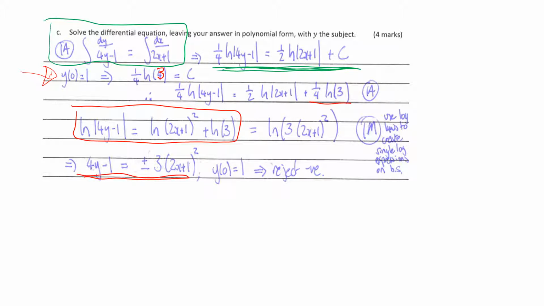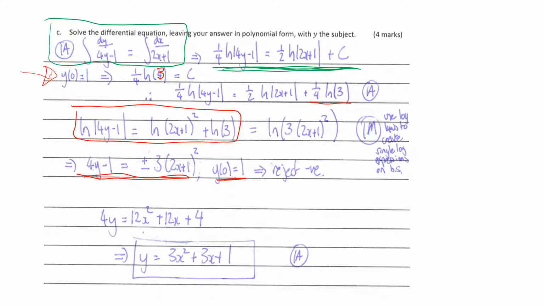So 4y minus 1 is plus or minus that expression on the right. Because I'm just being quite thorough, and then I'm appealing to the fact that, well, when x is 0, y is 1, so we're going to just reject the negative and equate 4y minus 1 with positive 3 times 2x plus 1.